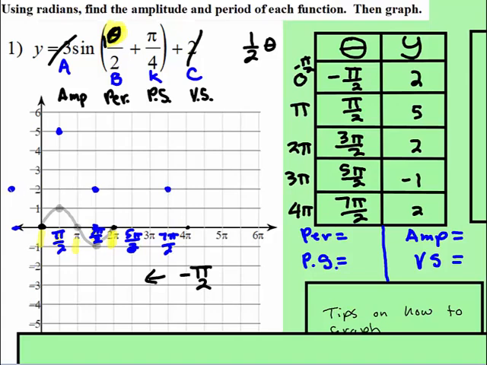And if we wouldn't have shifted everything pi halves, we would have been between here and here, which remember, that's what the period was. The period was 4 pi. The phase shift was, we shifted over negative pi halves, the amplitude was 3, and the vertical shift was positive 2.